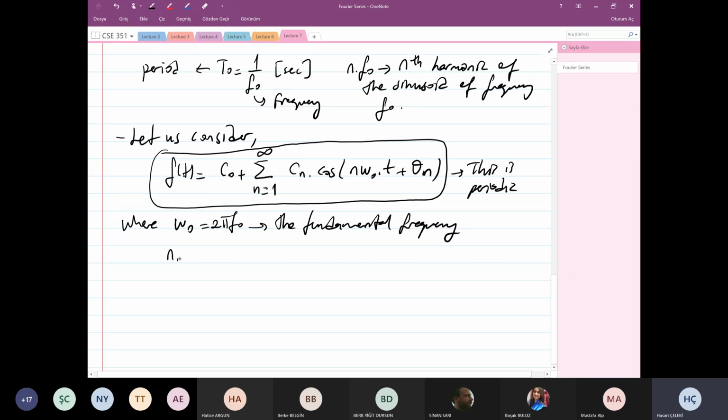And n times omega 0 is called the nth harmonic.